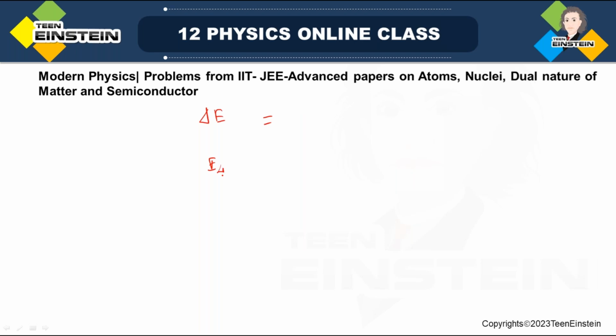See, E4 is minus 13.6 by 4 square, that is 16, and E2 is minus 13.6 by 2 square, this is 4.